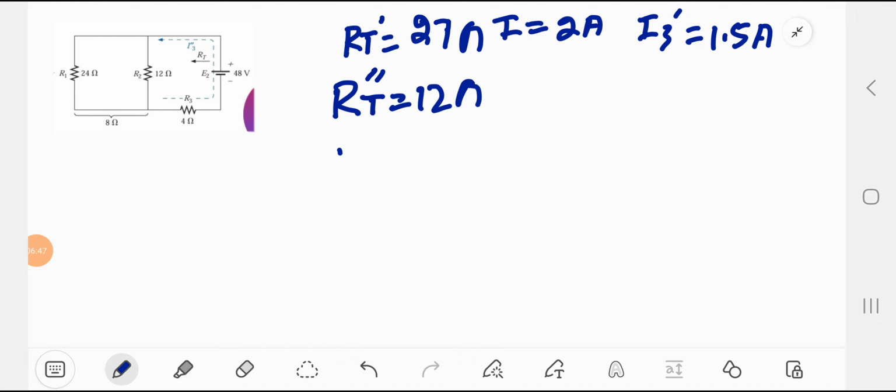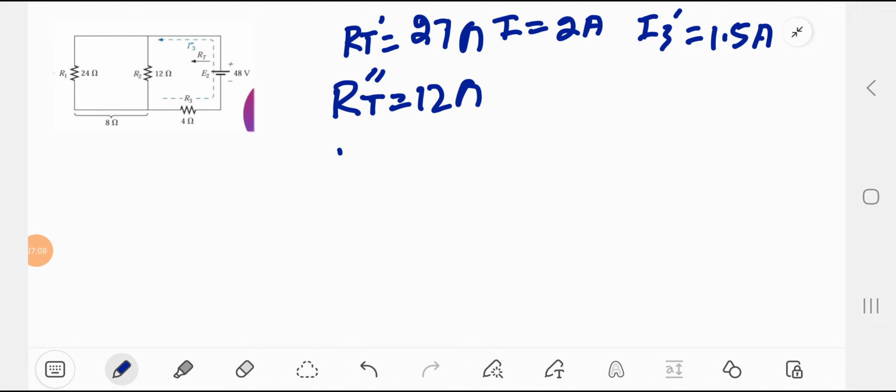Now actually R3 is in series with these two branches, so the total current flowing across R3 is the same as through these two branches.